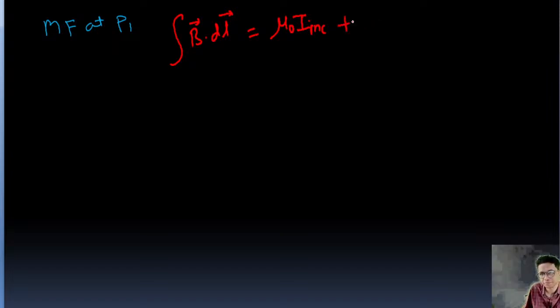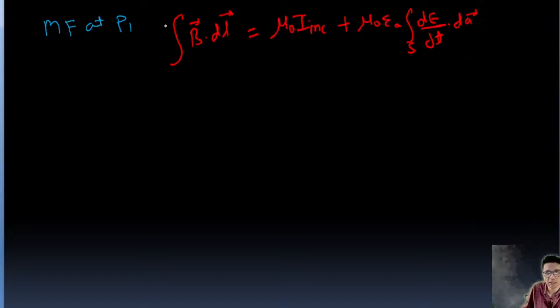plus mu 0 epsilon 0 surface integration of dE upon dt dot dA, where dA means area. This is a very important formula, guys, you need to note down.